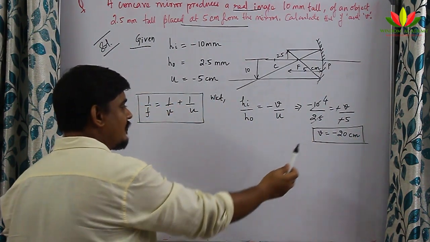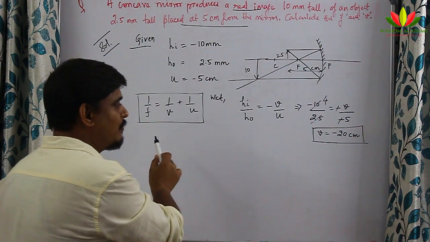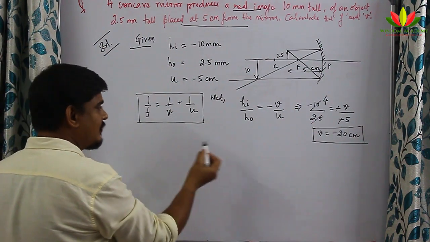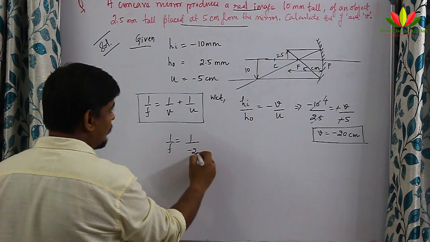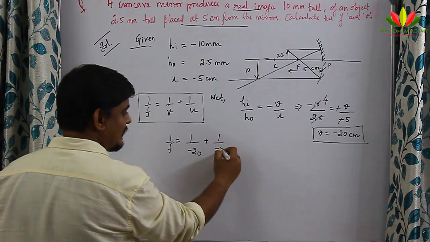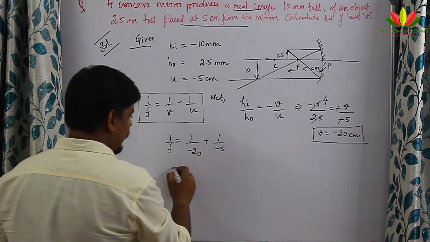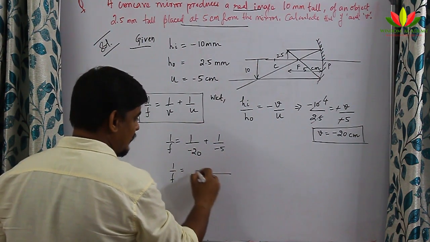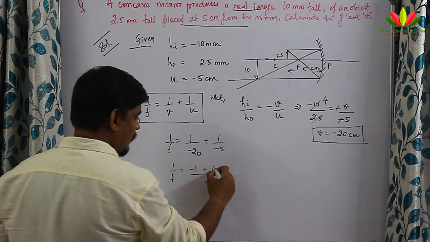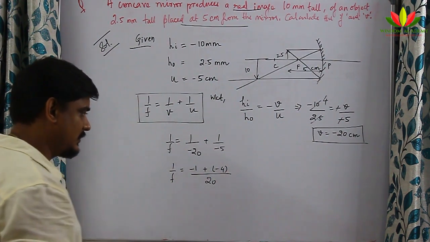Now I have the value of v, I have the value of u, I will put here and I will get the value of f. So 1 by f is equal to 1 by v, that is minus 20, plus 1 by minus 5. So I can write 1 by f is equal to, if you take the LCM as 20, minus 1 plus minus 4, isn't it?